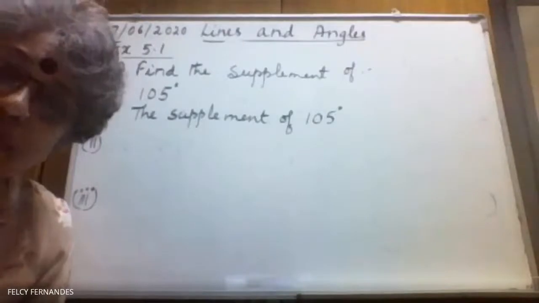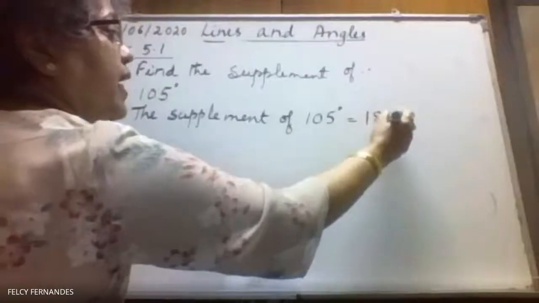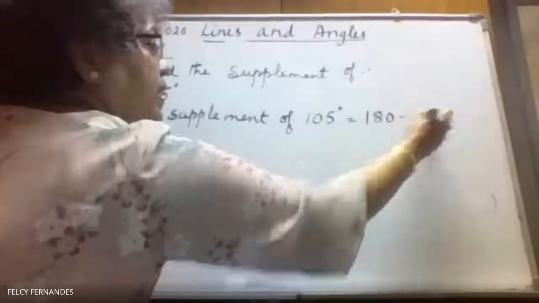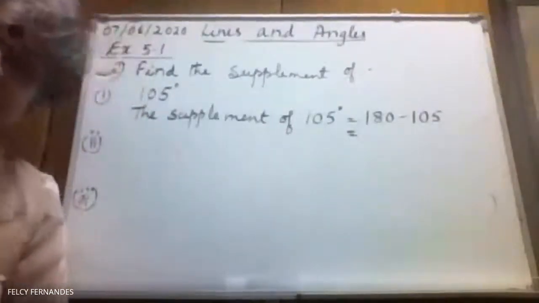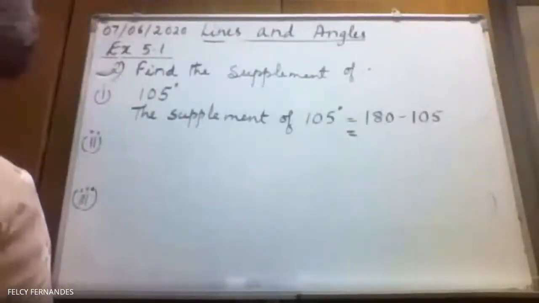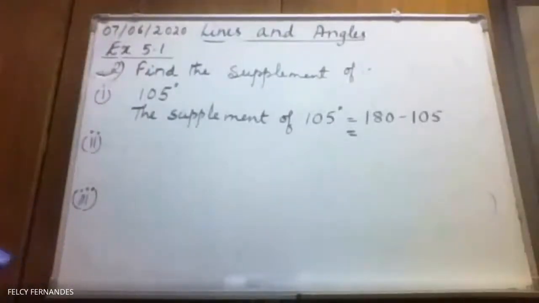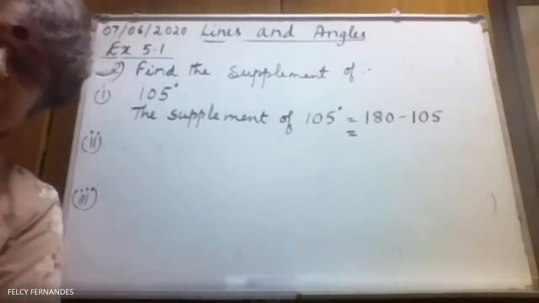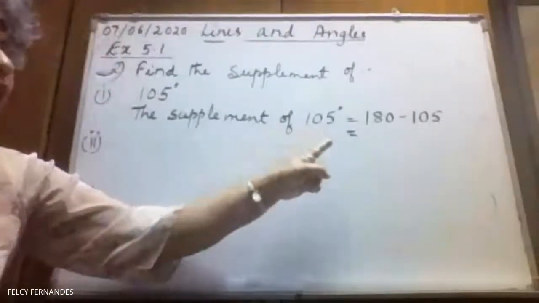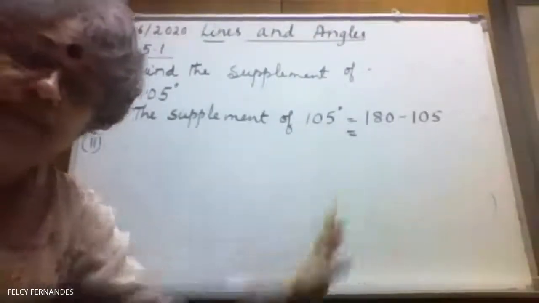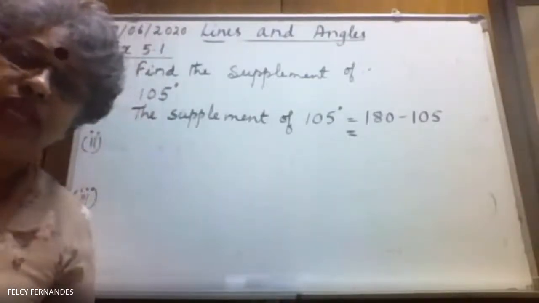You are supposed to subtract this from 180, children. 180 minus 105. Subtract and tell me the answer for this. I'm just getting the previous answers. I want the answer for this.